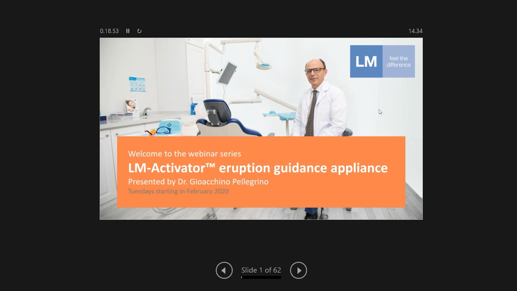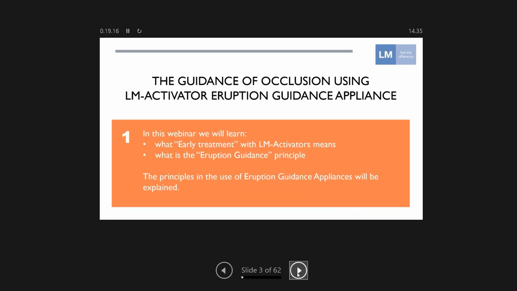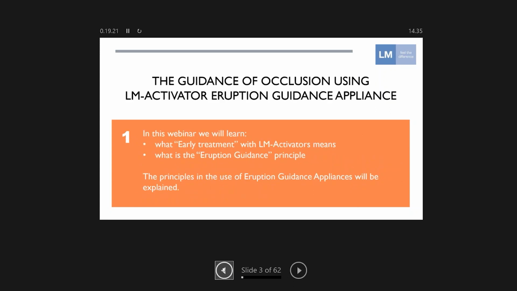This is a new way of sharing knowledge using new technologies, and the project is structured so that we have several seminars, 5 seminars, where we will speak about the use of LM-Activator. Today is the first one, and in this seminar we will speak about some basic concepts.